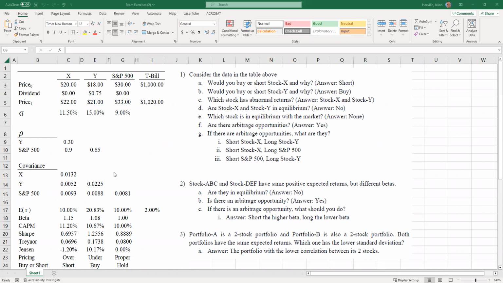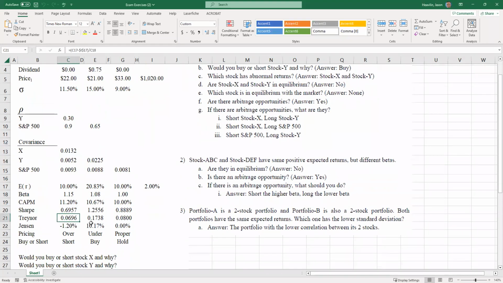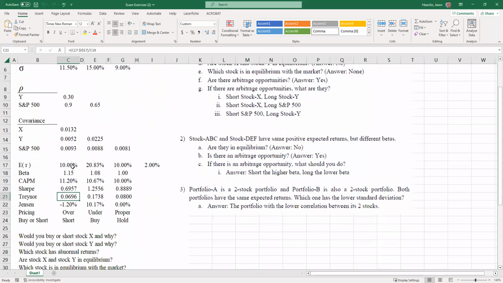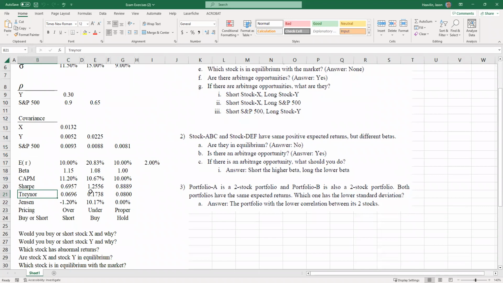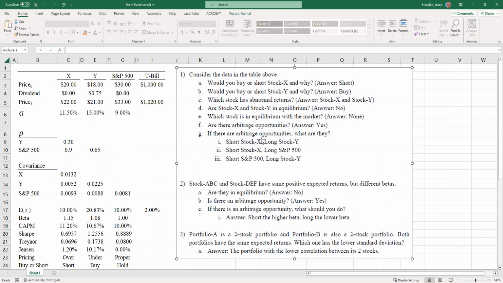I'll explain as we go, but for example, you may be asked to calculate covariance only, done. You may be asked to calculate the Treynor ratio, done. Or if you have to answer a question about equilibrium, you calculate the Treynor ratio only, and you answer your question based on it. While these calculations were done all in one long process, you will not see a question like this where you have to answer multiple things.